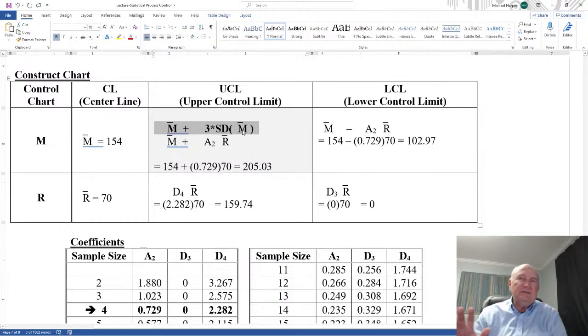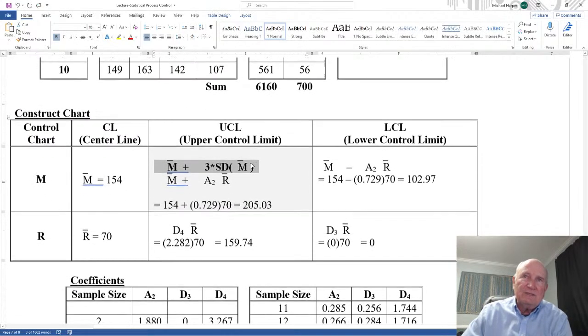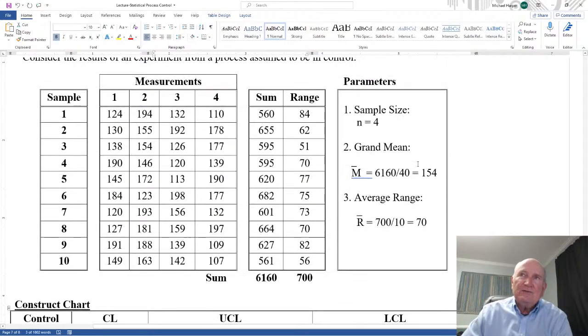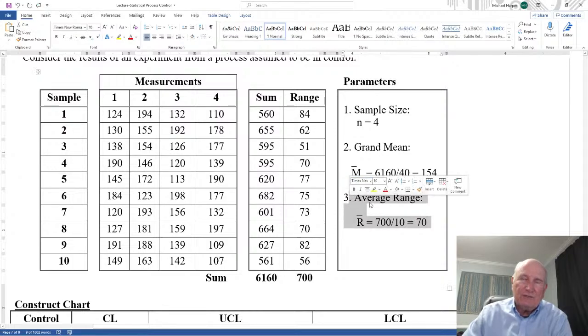Now, in this development, and this is common, they do not use the standard deviation of M bar. Because the standard deviation is a measure of variability, instead our measure of variability from our parameter is the average range. Here's our measure of variability, range.